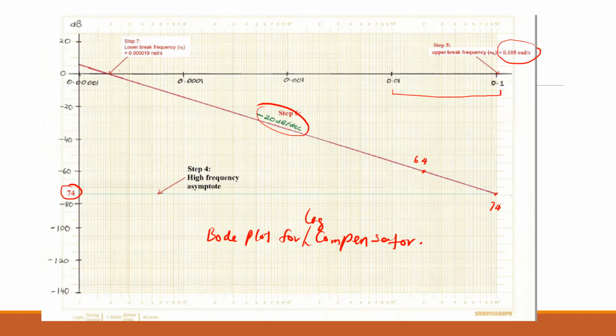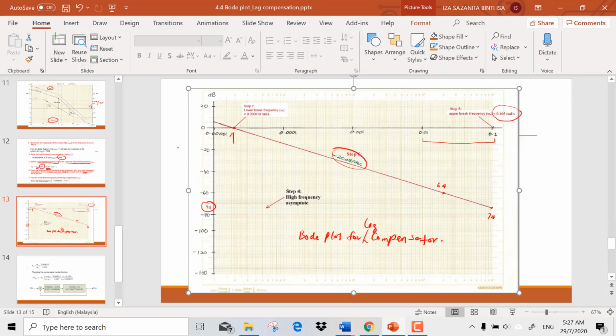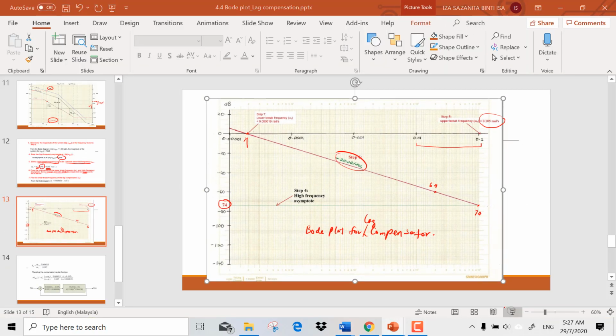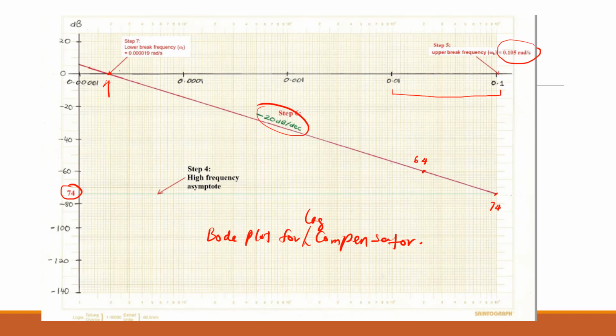You sketch until it intersects at the 0 dB line. So you will get the zero frequency at somewhere around 0.000019 radian per second. Okay, so this is the compensator.